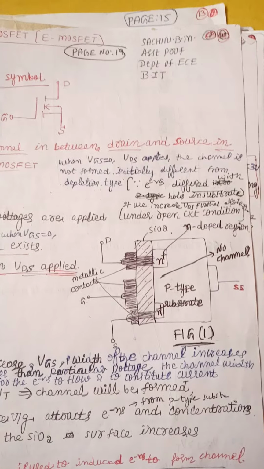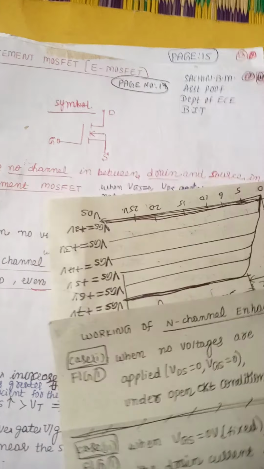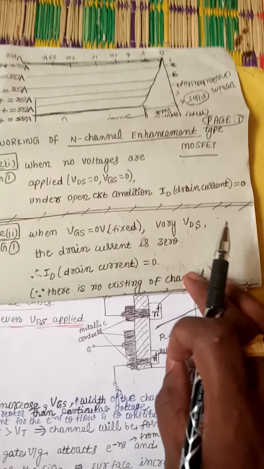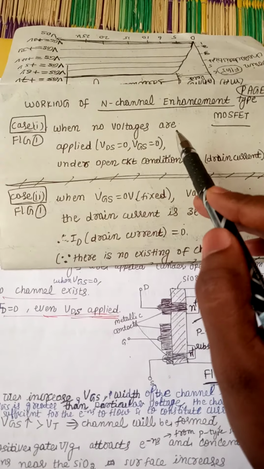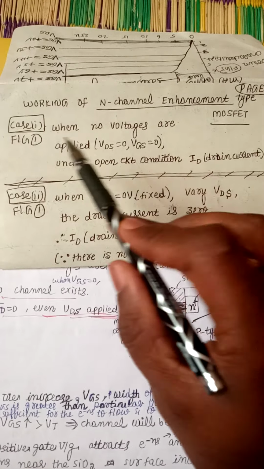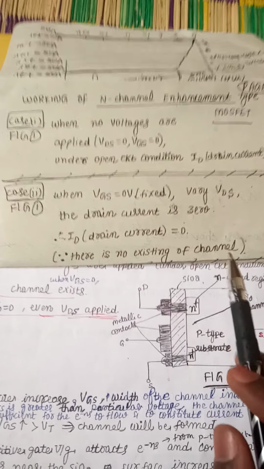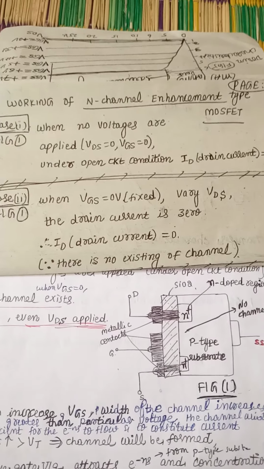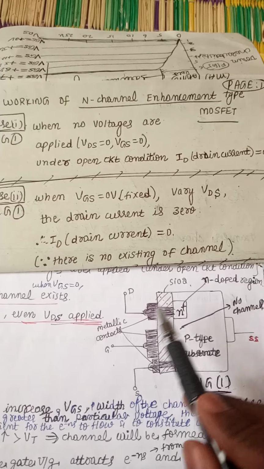So if we come to the working part, this is the working of N-channel enhancement MOSFET. In the first case, what I assumed here is I am not doing any biasing for this MOSFET device.